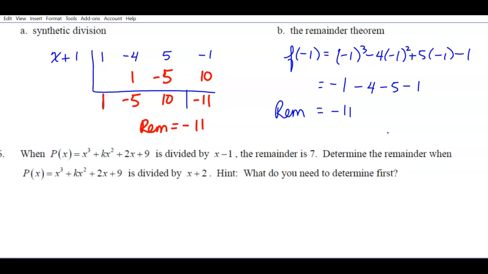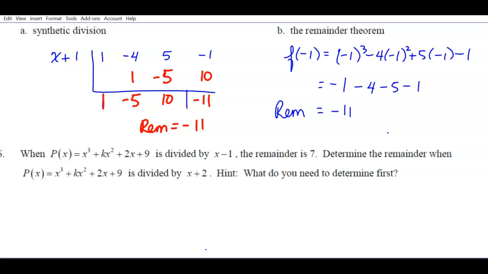So when p of x is divided by x minus 1, the remainder is 7. So it's telling you what the remainder is. Determine the remainder when p of x is divided by x plus 2. So notice here that we don't know what k is. Okay, so we do know what the remainder is when we're dividing by this.